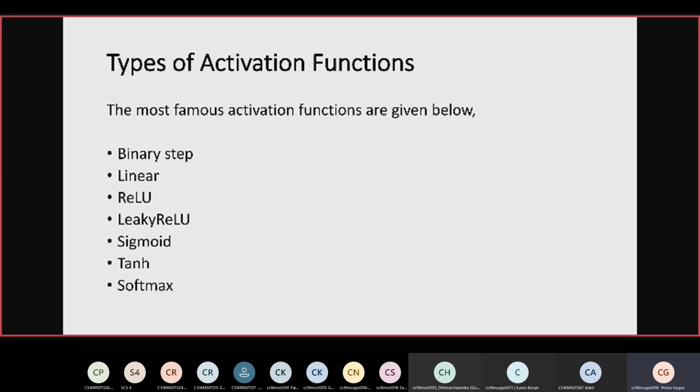binary step. This activation function is very basic and it comes to mind every time we try to bound output. It is basically a threshold based classifier. In this, we decide some threshold value to decide whether the neuron should be activated or deactivated. Second is the linear activation function.